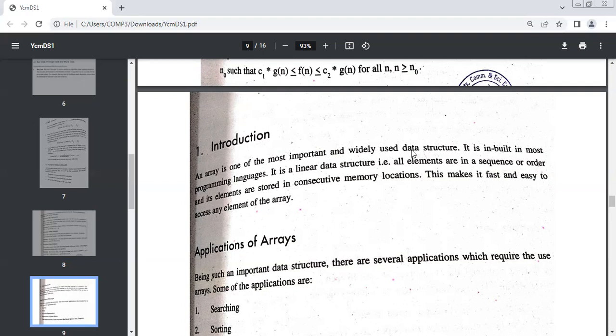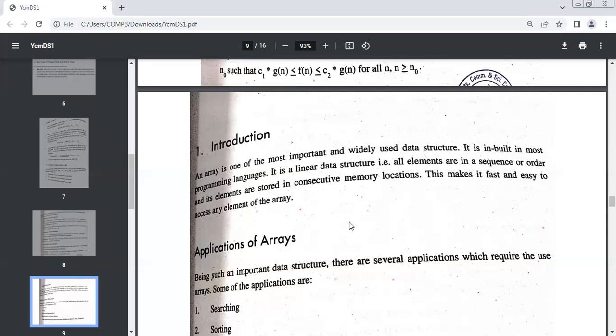Inbuilt means something that is already created, which we only use. OK, so all elements in this array, and in these linear data structures, are stored sequentially, meaning one after another, in order, and its elements are stored in consecutive memory locations. For example, suppose we define an array int n[10].